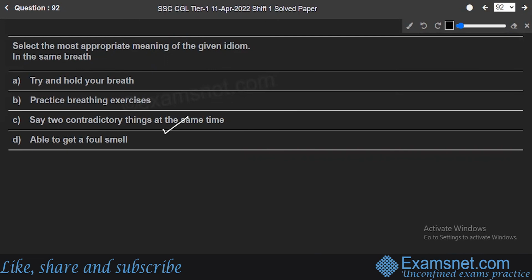This one, option C. If you say two things in the same breath, you say two things that are so different that if one is true, the other must be false. Let's see an example.